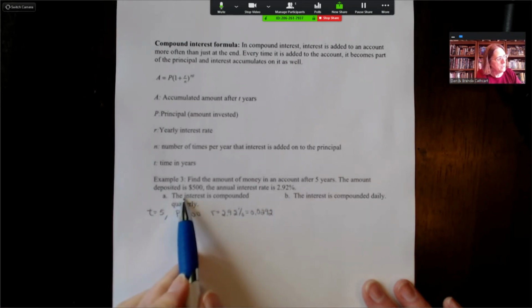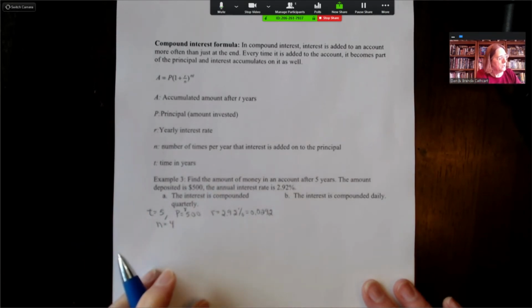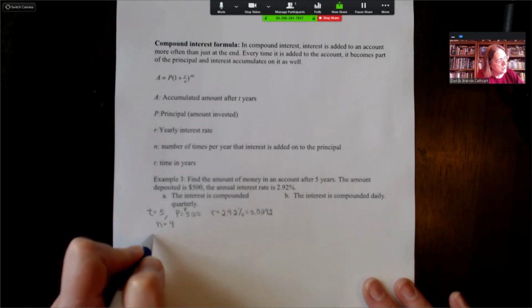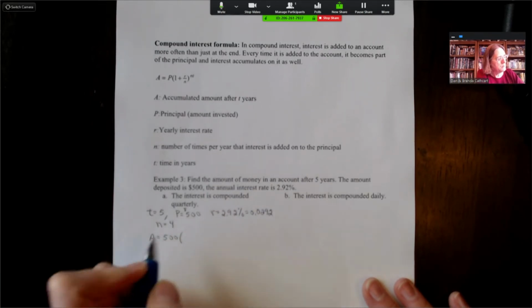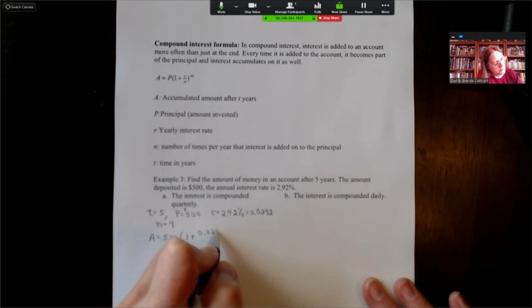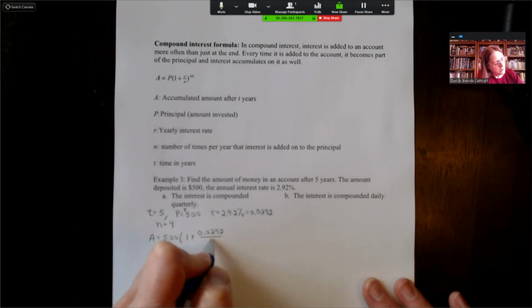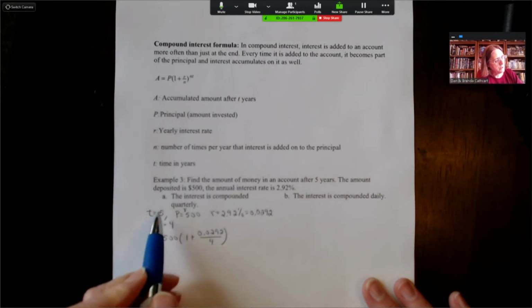And then finally, the interest is added on quarterly, so N is going to be 4. Plugging those into our equation, we have A is equal to 500 times the quantity 1 plus 0.0292 divided by 4 raised to the power of 4 times 5.